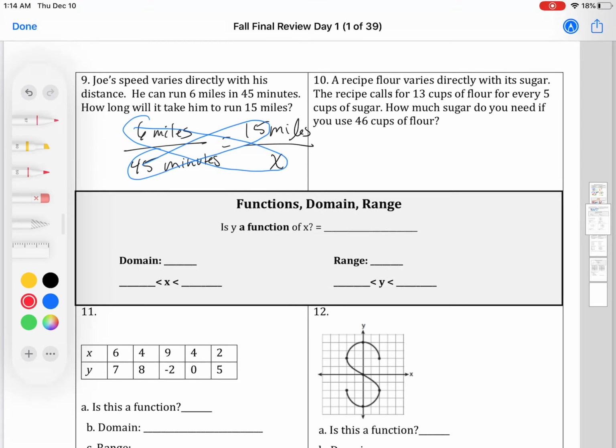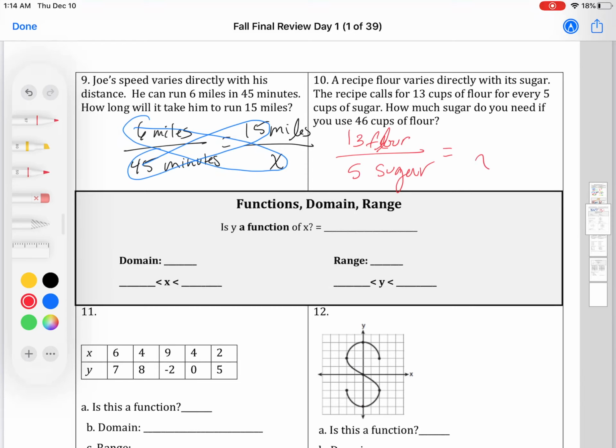So let's try that set up one more time with number 10. And number 10, it's 13 cups of flour. So I'm going to just label that so I know it. 13 cups of flour over 5 cups of sugar.